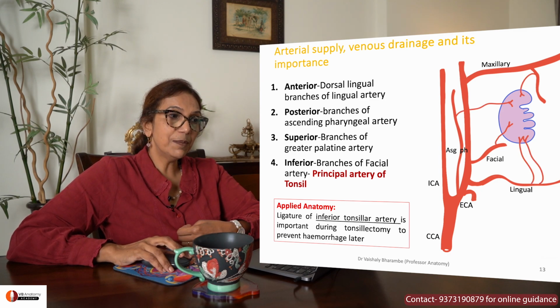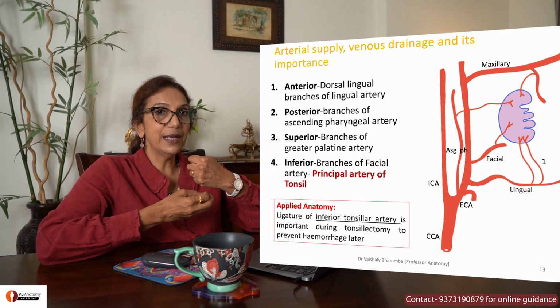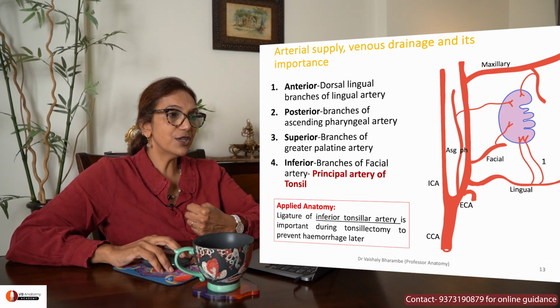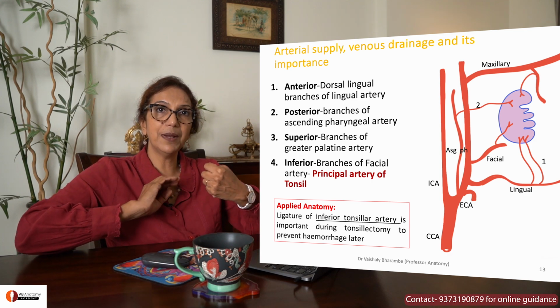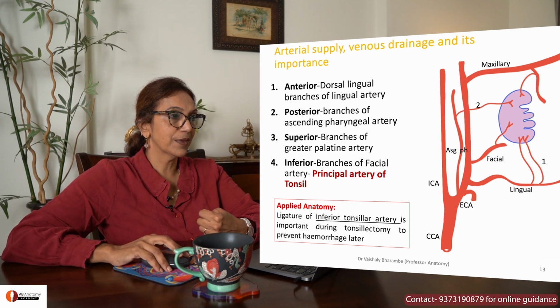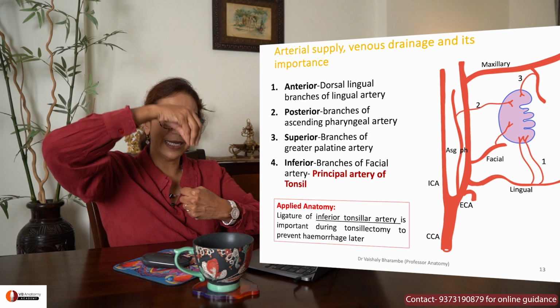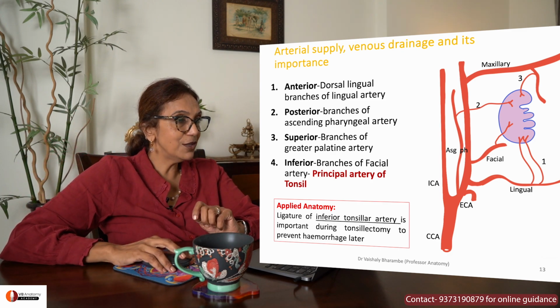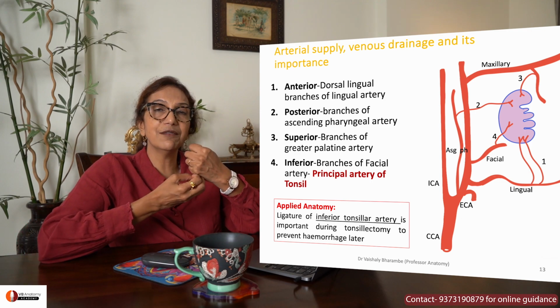These are the branches supplying the palatine tonsil. Branches of the lingual artery come and supply the tonsil anteriorly. Branches of the ascending pharyngeal come and supply the tonsil posteriorly. Branches from the greater palatine come and supply the tonsil superiorly, and the branch from the facial artery supplies it inferiorly.